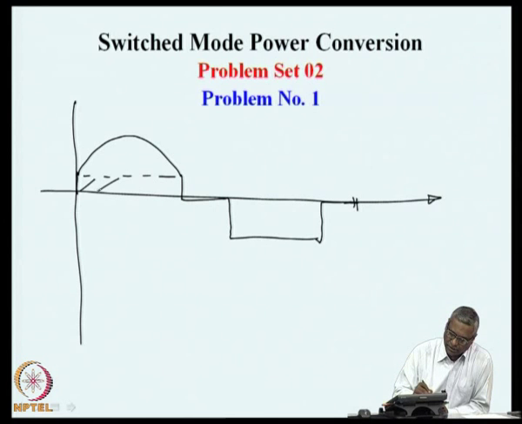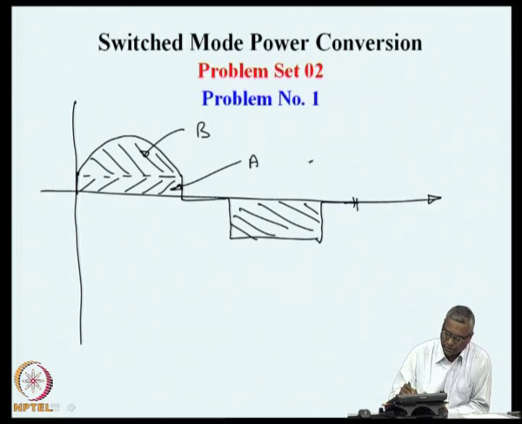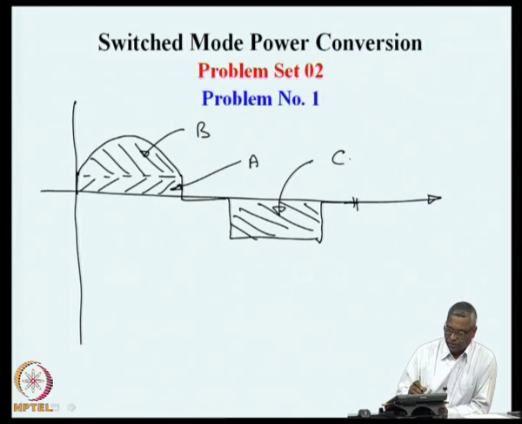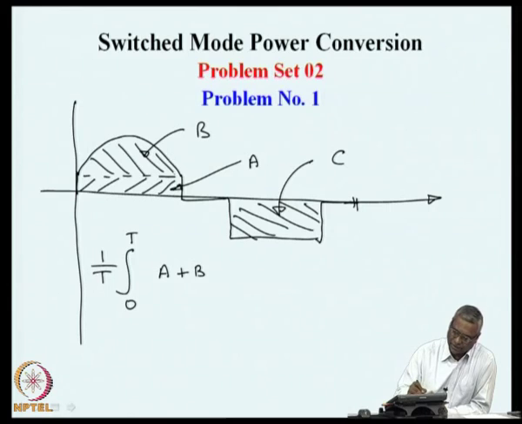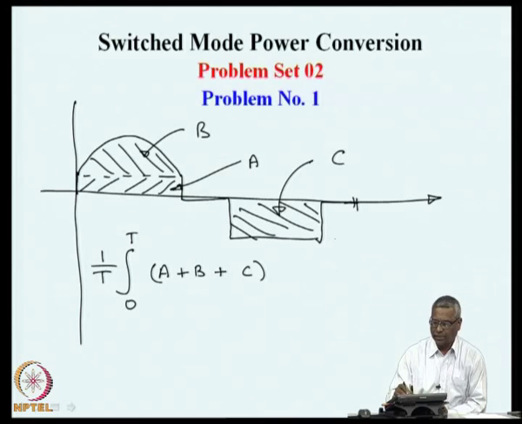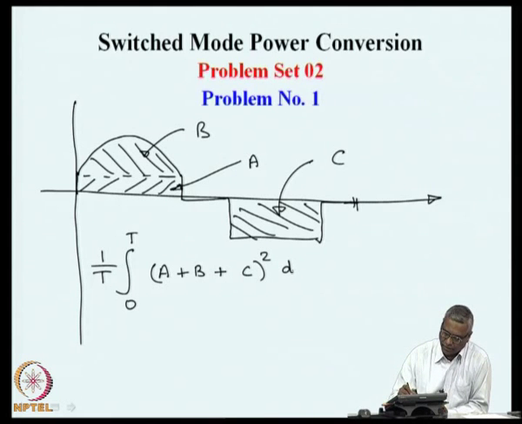So, we might call this current as A, and this current as B, and this current as C. So, we can find out the RMS current by finding out, over the period 0 to t, A, which is this part, plus B, which is the sinusoidal part, plus C, which is the constant part, whole square dt.